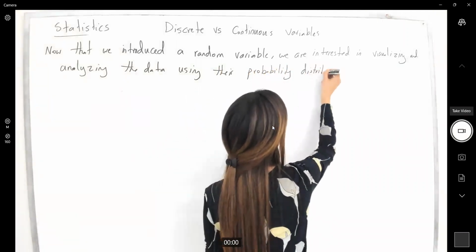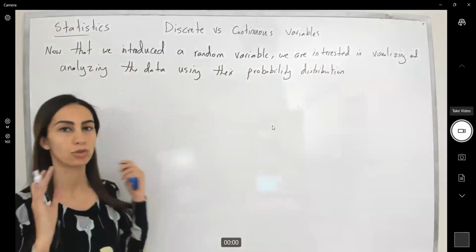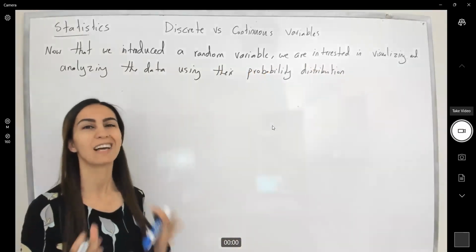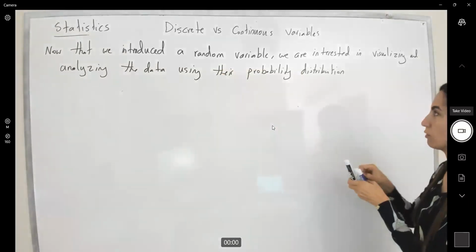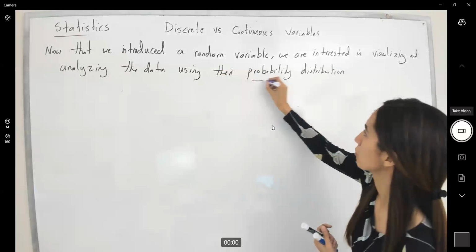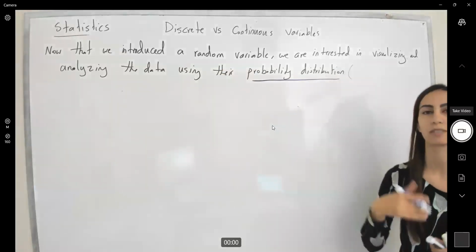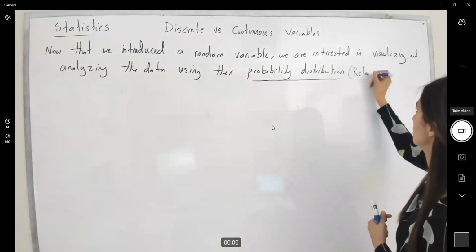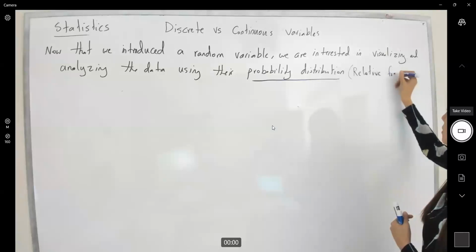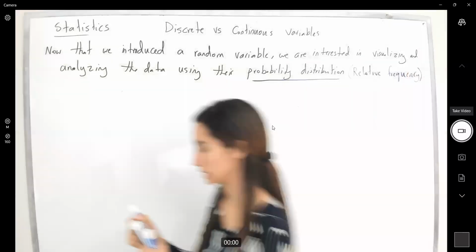When you're talking about their probability distribution, you're talking mainly about the relative frequency. So when I ask you to construct the probability distribution, I'm asking you to use the relative frequency. Okay, let's go back to our example.